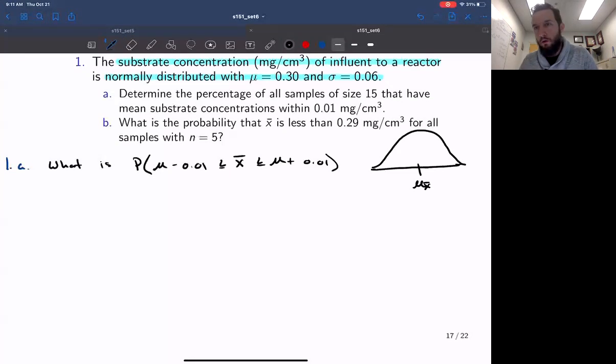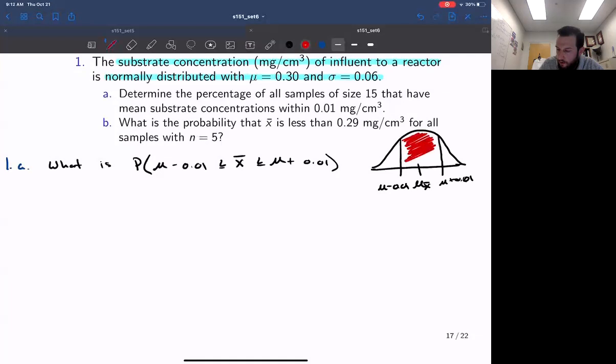So we know that the sampling distribution of X bar is going to be normal because the population that we started with is normal. Now, what we want to do is move within 0.01 units of that mean.